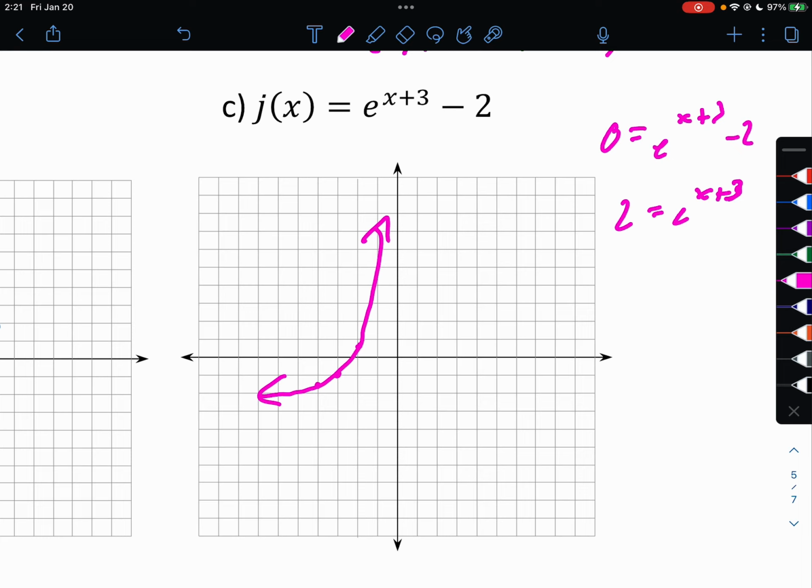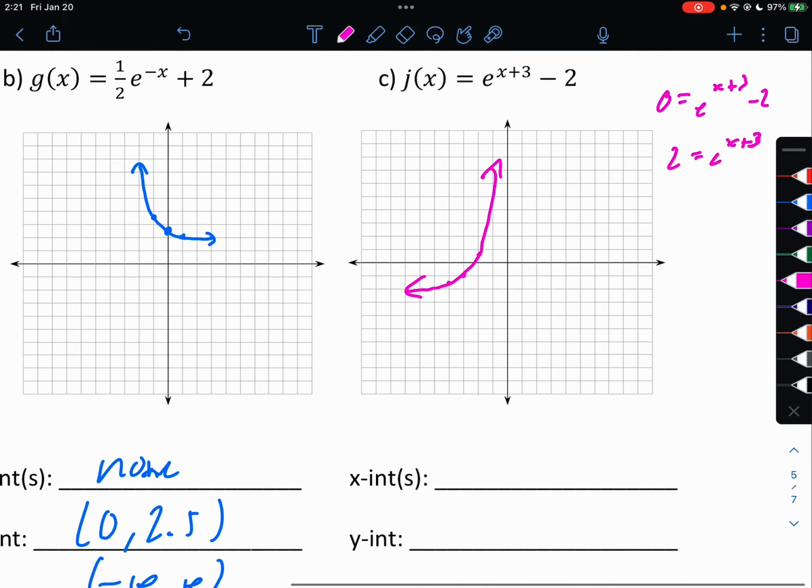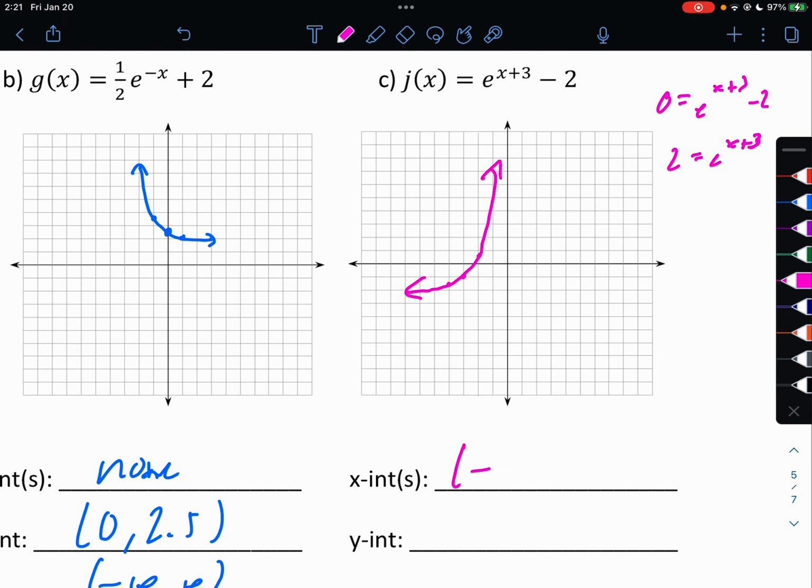And when you graph it, remember how to find intercepts. We're going second trace, 0. You go left of the 0, right of the 0, and on top of the 0, and we get about negative 2.307.